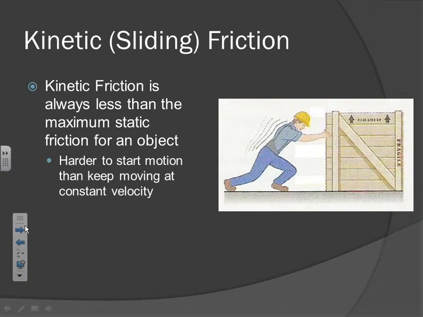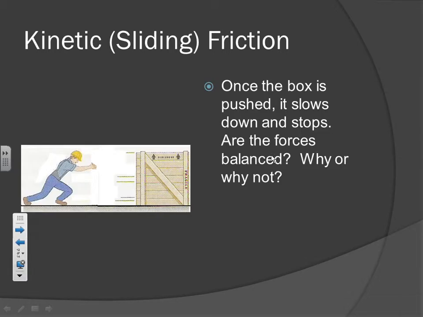So at the beginning, when I'm overcoming friction, positive acceleration is occurring. But as it's sliding across the table and slowing down, negative acceleration is occurring. So what has to happen to it in order to get that negative acceleration to happen? Once the box is pushed, it slows down and it stops.